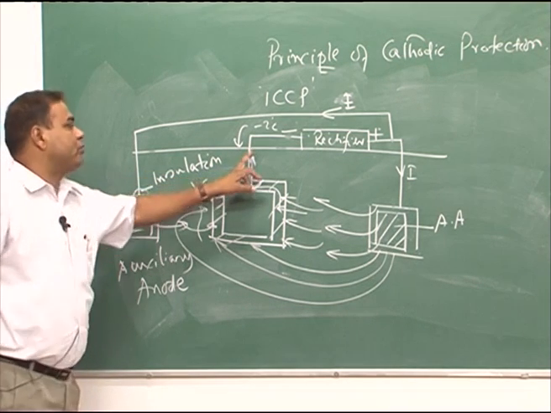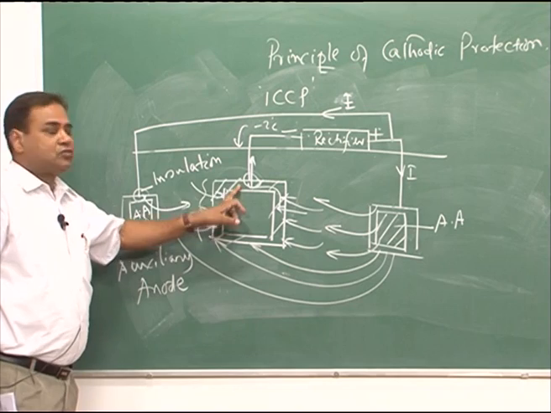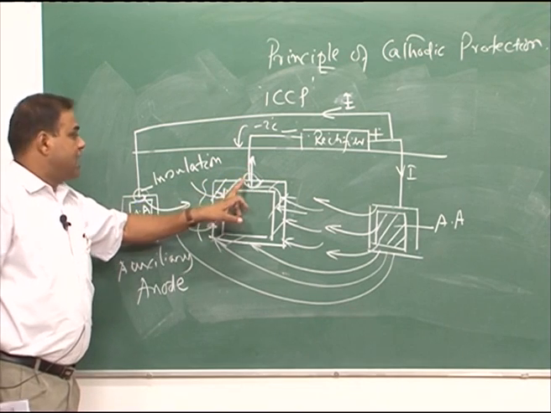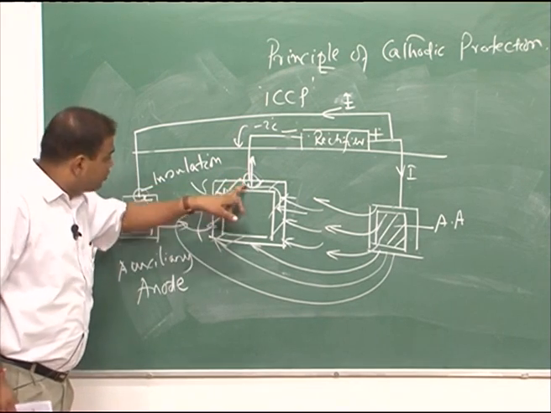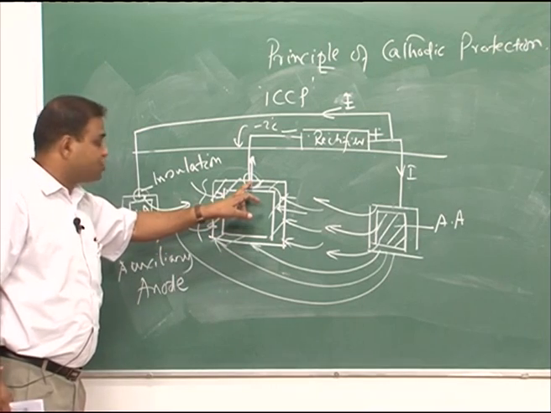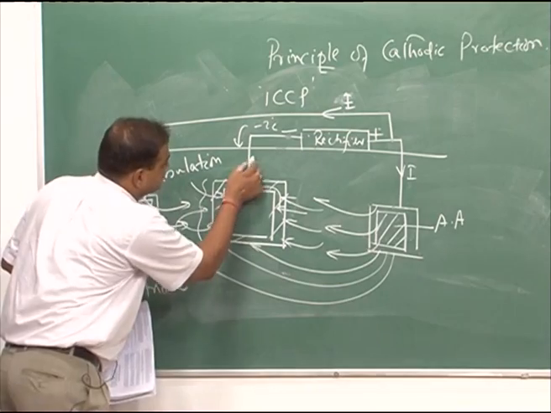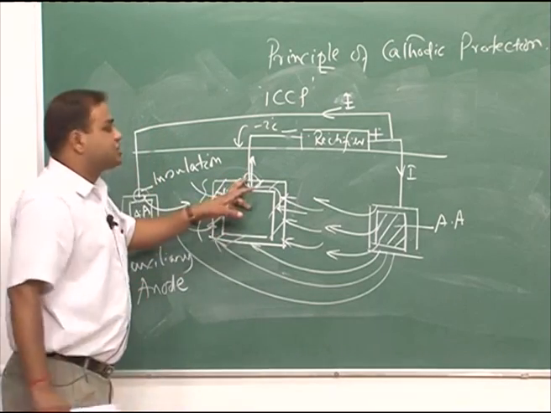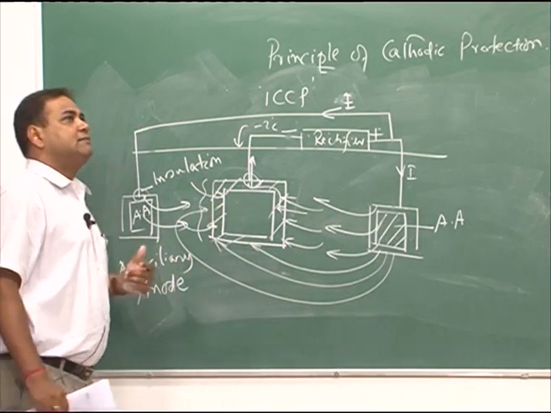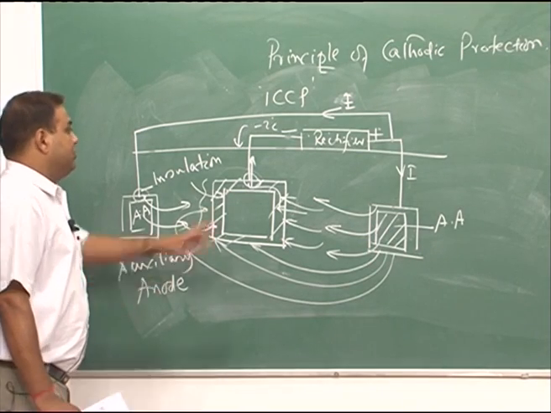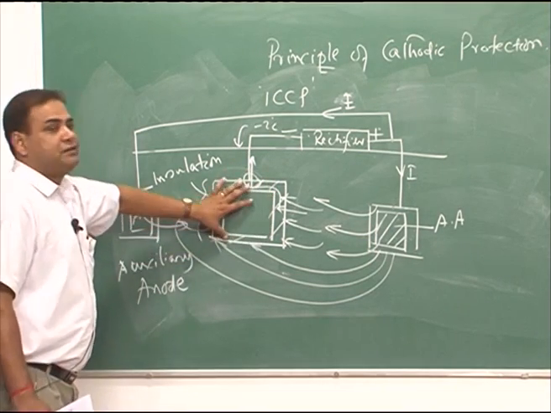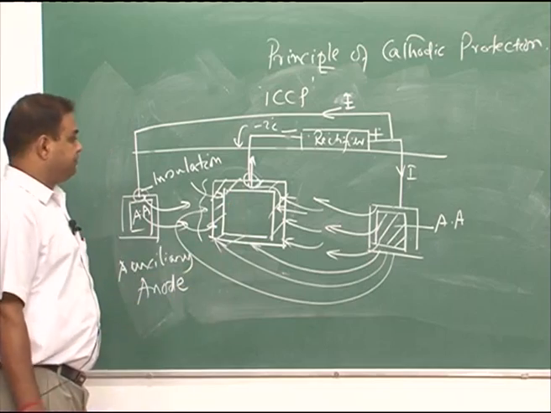Let us say this is copper wire and this is steel. Copper would act as cathode and steel would act as anode in this local zone if we expose this joint to the electrolyte. So, we should have proper insulation in this portion, so that there is no other galvanic couple in the steel structure being protected.